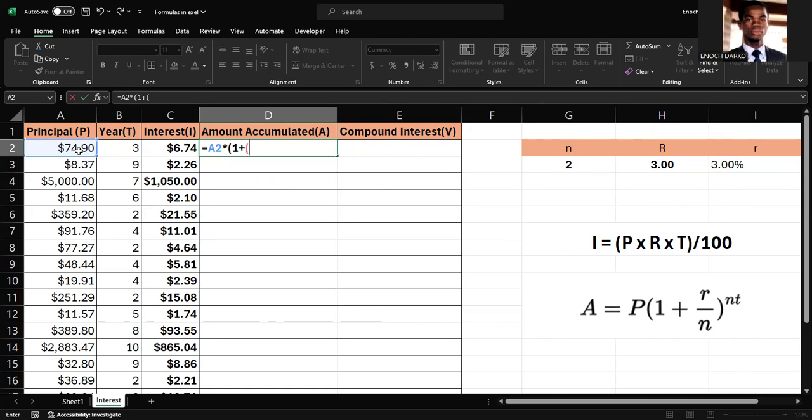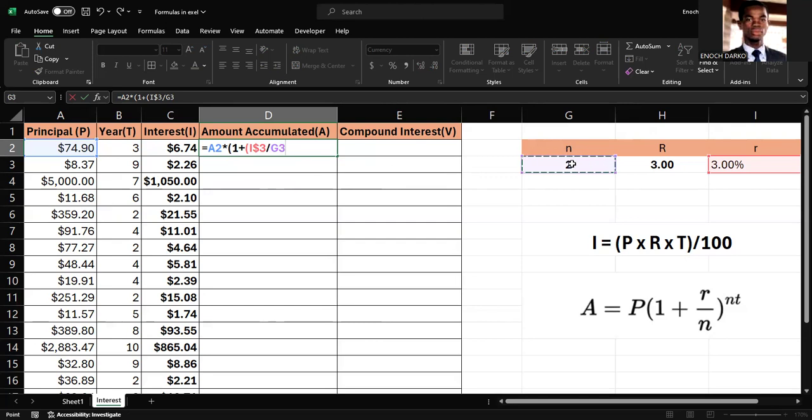So our rate, which is our rate here. Now I will also have to lock this rate because you'll be dragging down, so I lock the row number. I'll make it a mixed referencing. Divided by our number of times compounded, which is in this cell, which is n.